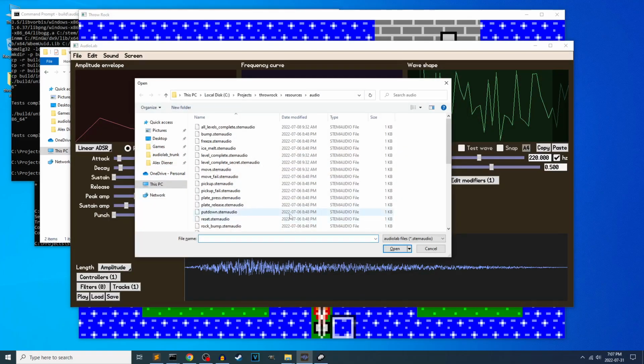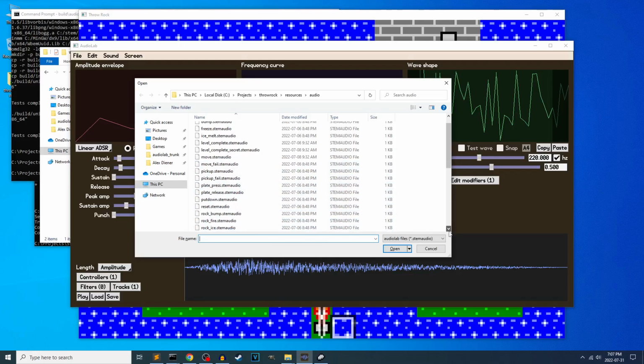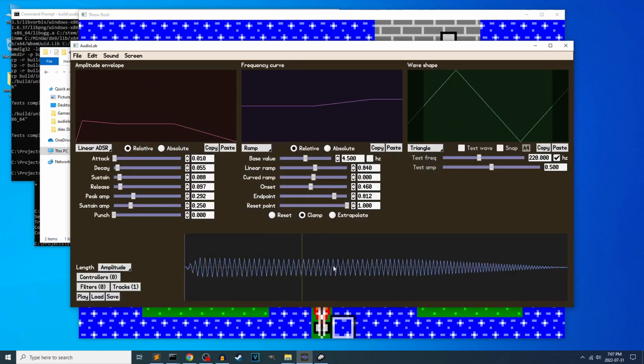Is that all my sounds? I think that might be all my sounds. All levels complete. Bump, freeze, ice melt, level complete, secret, move, fail, pick up, plate press, release, put down, reset, rock, bump, fire, ice, land, lost, wind, scroll. That's the one I missed. So when you read a scroll, it makes that sound.